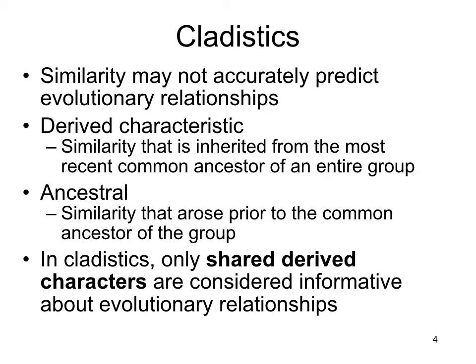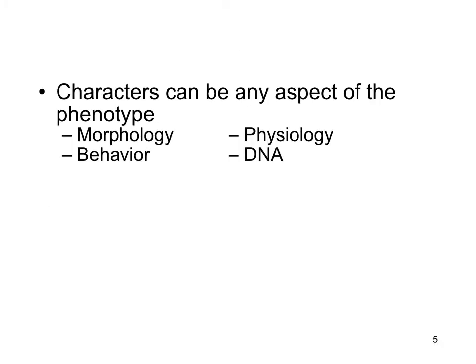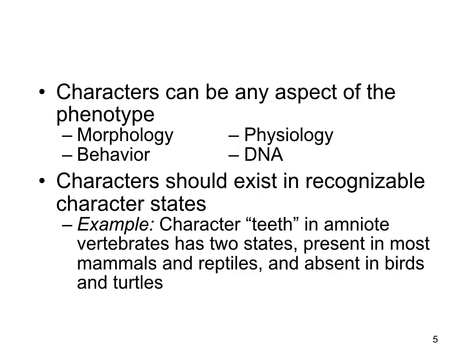So we want characteristics that are derived, that are new versus ancestral, and we're willing to look at things like anatomy or morphology, behavior, physiology, DNA, and hopefully these can be easily recognized, that either they're present or absent. But sometimes it's hard to tell.